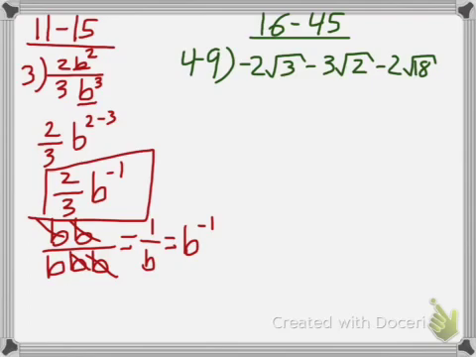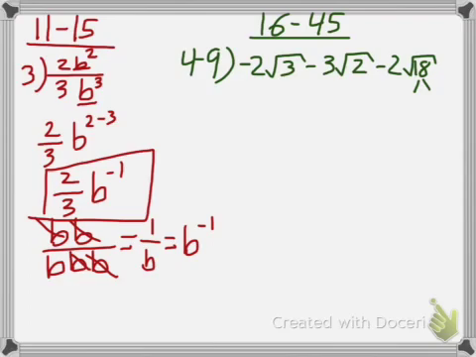Well, just looking at this, I can't combine this one and this one because they don't have common like terms. It's almost like it's an x and a y. I can't combine the x's and the y's. And this one has a square root 3 and a square root 2. But I wonder if I reduce the square root of 18 down, if that will give me either square root 2 or square root 3. So let's do that first.